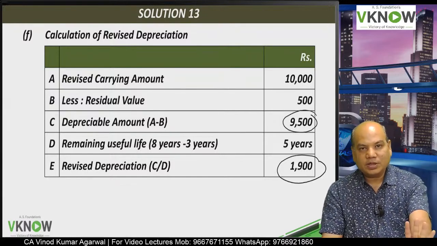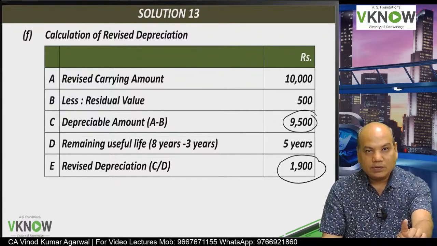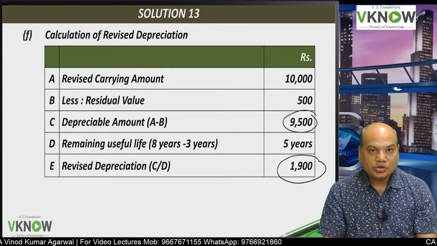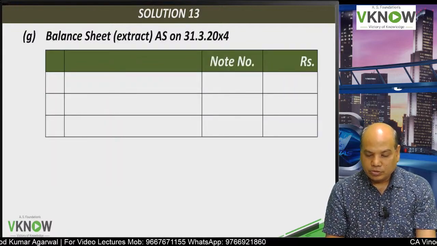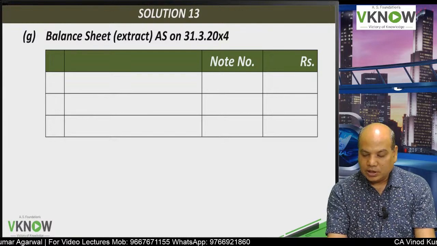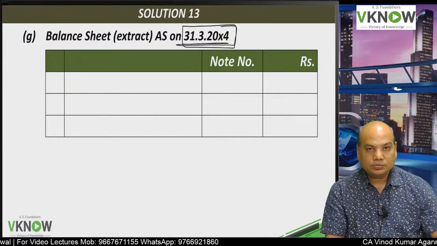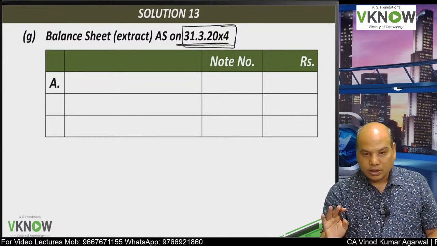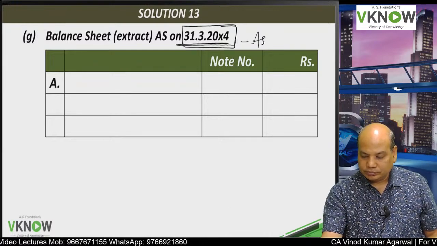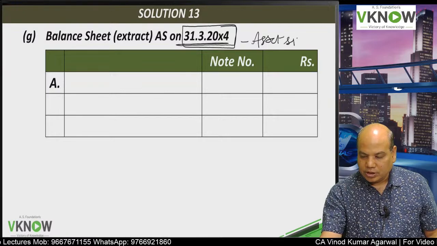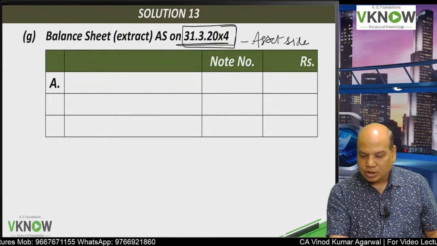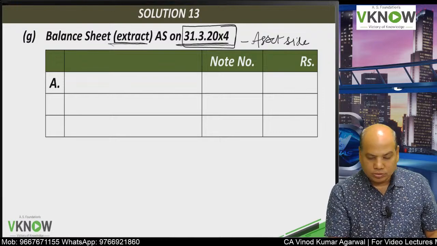So this completes my basic calculation part. They have asked you the presentation in the balance sheet also. So write down balance sheet. But balance sheet presentation we have to give on 31/3/2004. Asset side. Right here asset side. An extract I have written in your book.